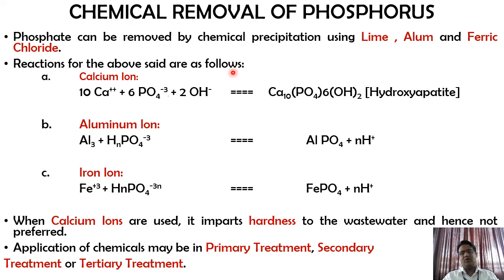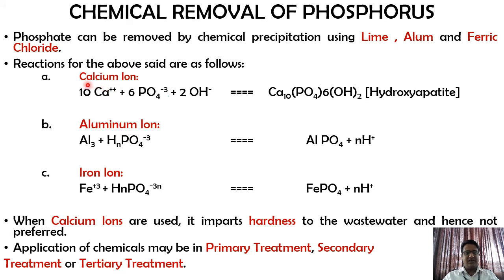The phosphorus in dissolved form, which may be bound to some compound, if it reacts with calcium, aluminum or iron ions, will be converted into a phosphate compound. These phosphates become your precipitates. Let us see these reactions.